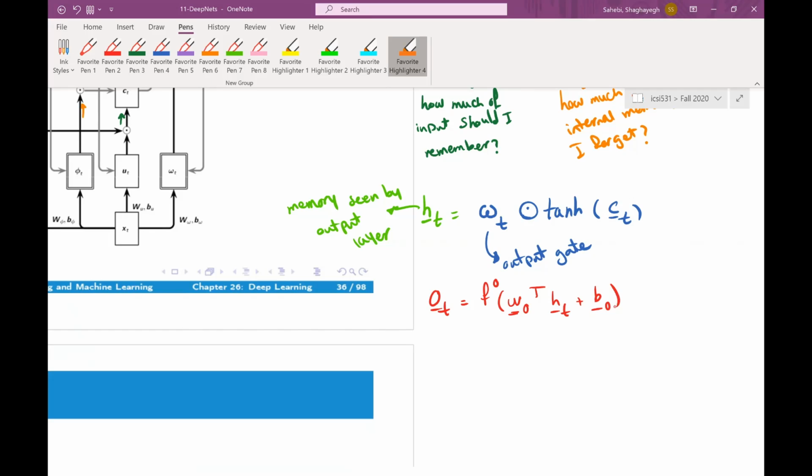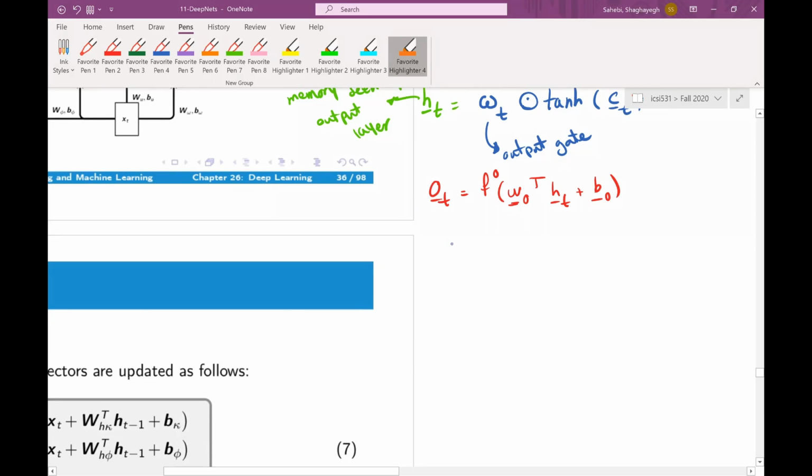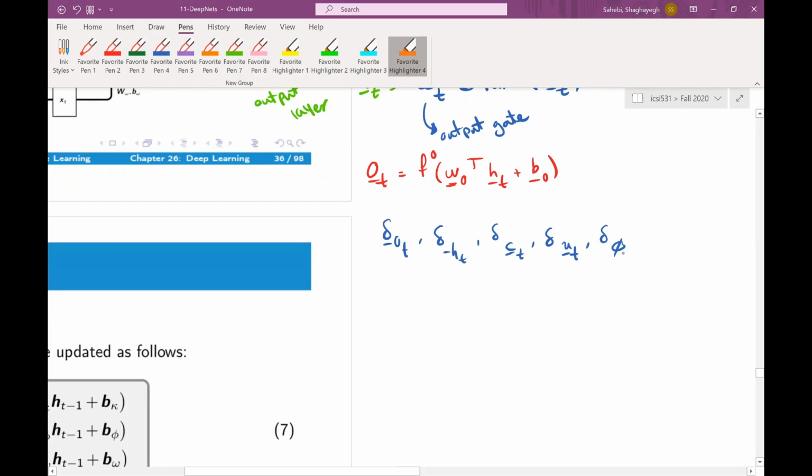So we are going to compute the net gradient deltas and then compute the gradients with respect to the W's according to the net gradients. We are going to have delta of o_t, net gradient of h_t, net gradient of c_t, net gradient for u_t, net gradient for v_t, net gradient for kappa_t, and net gradient for omega_t.